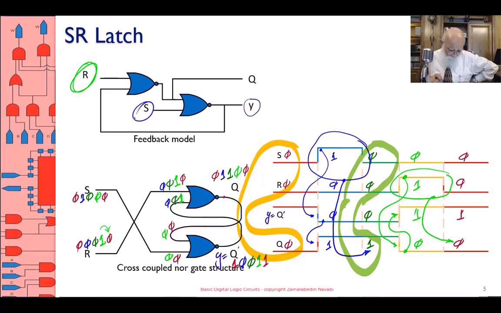Okay, look at Y that we've been ignoring. We've been kind of hiding it. Y at all times is the complement of Q. That's why I call Y Q bar. I could do this same exact analysis considering Q being the output.